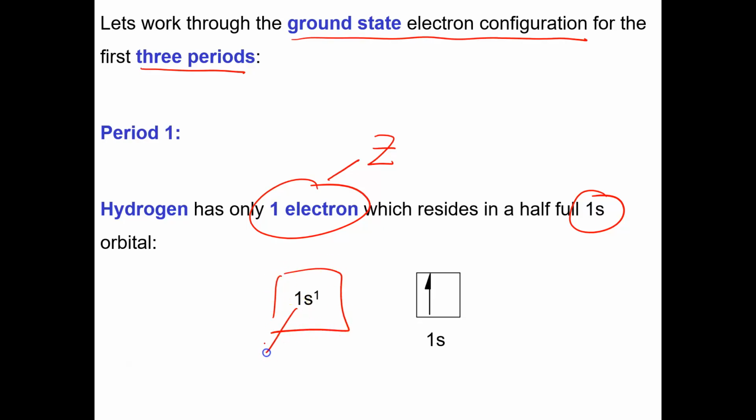The 1 here indicates the shell. The s indicates the subshell. And the 1 as a superscript there is the number of electrons. Okay, so that all together is what we call the electron configuration.